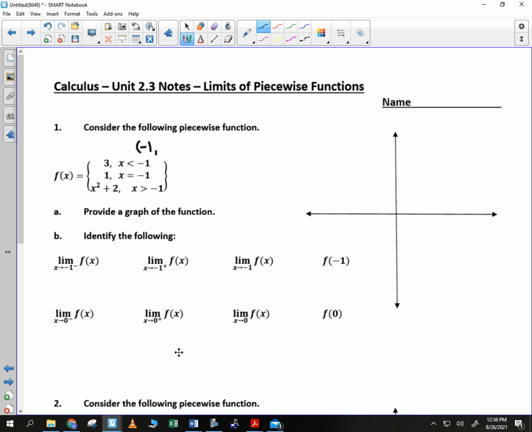If I plug -1 into y equals 3, what is the y value? 3. Everybody agree the y value is always 3? Is the circle open or closed? It is open. So if I go back 1 and up 3 units, 1, 2, 3, I have an open circle. And remember, you said that the graph was a horizontal line as such.